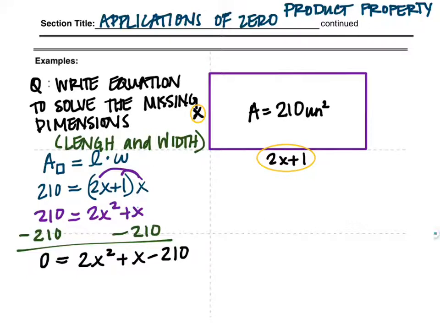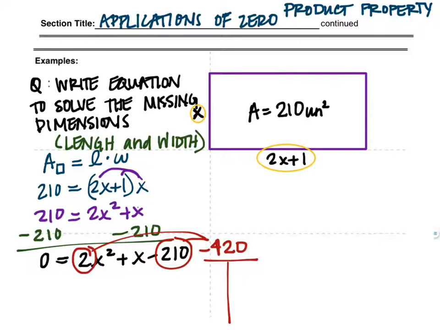Going ahead and doing that, let's multiply the 2 and the negative 210, and I've got a pretty big number there. I'm still going to be able to manage this, but it might take a minute, and that's okay. Sometimes math just takes a minute. So we're going to have negative 420, and we're going to try and factor.